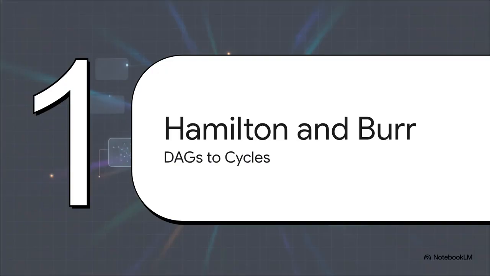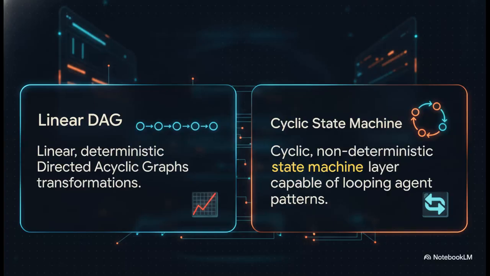Moving right along, let's talk about bridging Hamilton and Burr, going from DAGs to cycles. We're looking at Apache Hamilton first because it's historically and architecturally fundamental to Burr's creation. They actually share the same original creators. This comparison really highlights how Burr acts as the cyclic harness wrapping around Hamilton's strict linear data transformations.